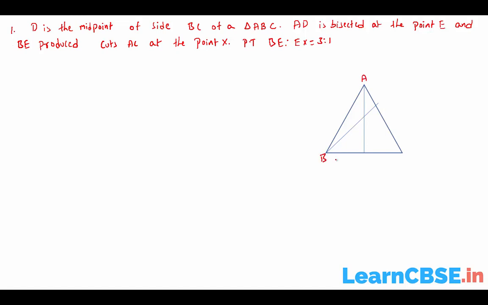ABC is a triangle, D is the midpoint of BC, and E is the point which bisects AD, and BE is extended to X, which intersects AC.